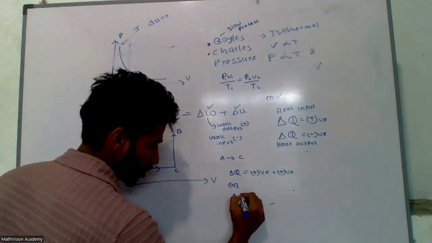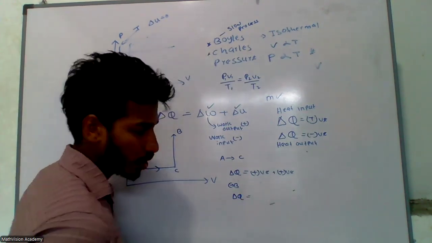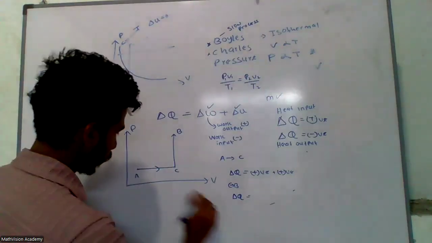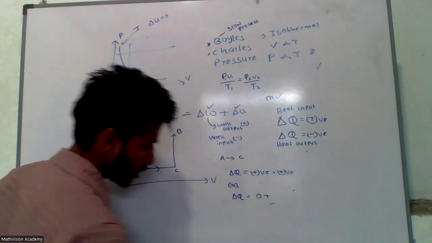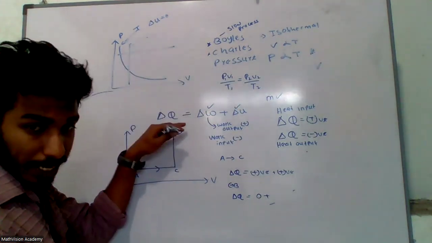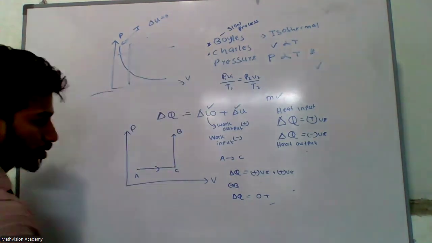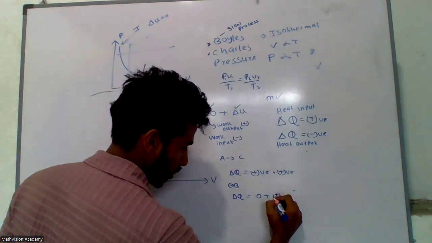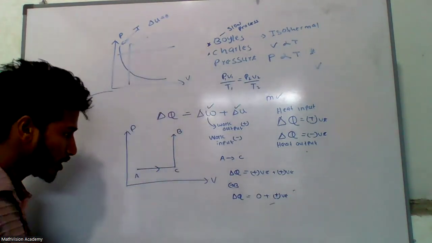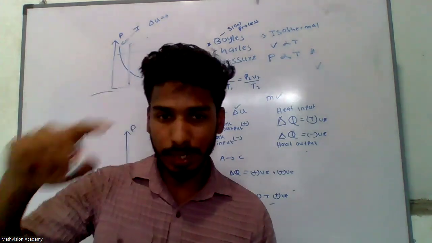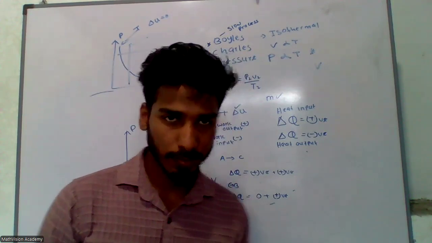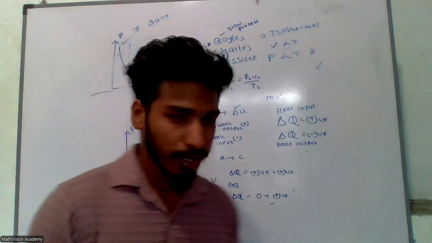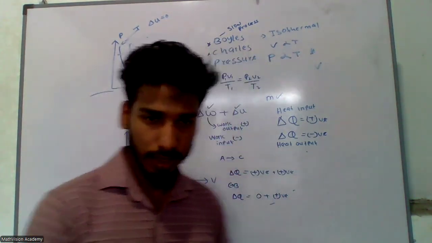So delta Q is equal to work done, which is 0, plus the internal energy change, which is positive if the temperature is increasing, okay? And just note these things down, because sometimes they might give an isothermal line. If so, the temperature is constant, but not in here, okay? So this is the way we solve the question.